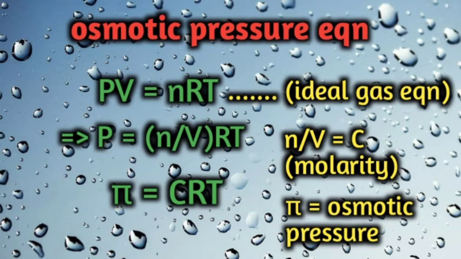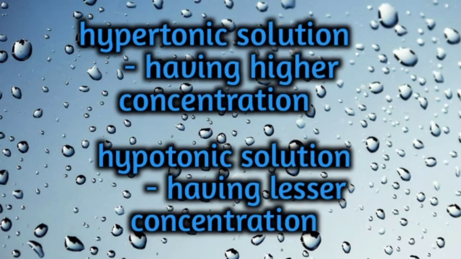This is the equation for osmotic pressure. If we have two solutions which have different concentrations, that is, one has higher concentration and the other has lower concentration, and you want to define one with respect to the other, we have two definitions, that is hypertonic solution and hypotonic solution. Hypertonic solution is used when the solution has higher concentration and hypotonic solution is used when it has lower concentration.